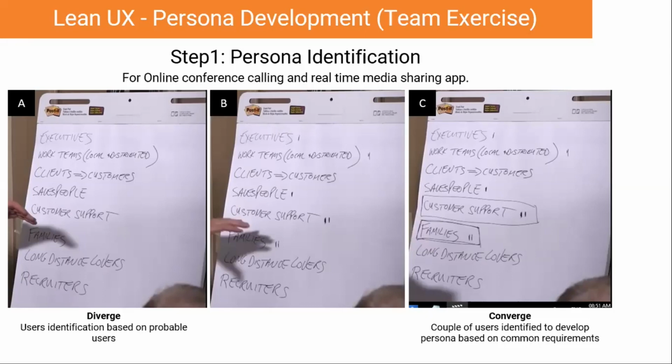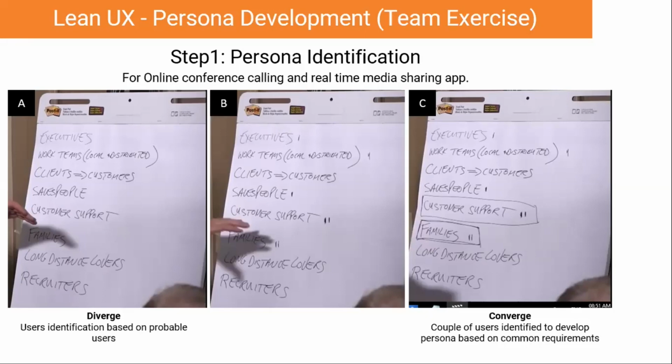So what you see here is an example of persona development. This one is developed for a product which is an online conference calling and real-time media sharing app. What is that? It is the same as what we are using.